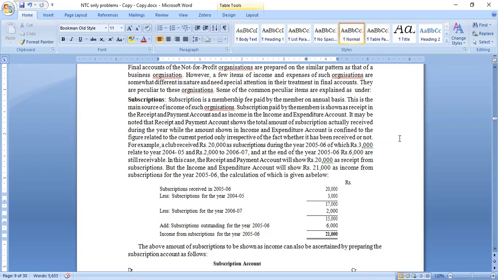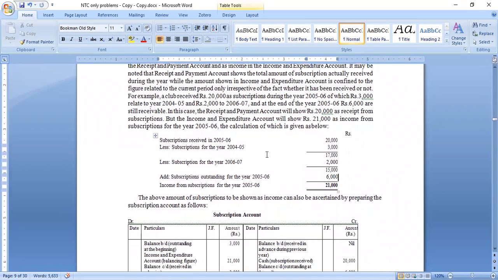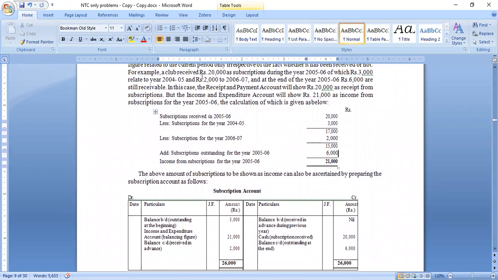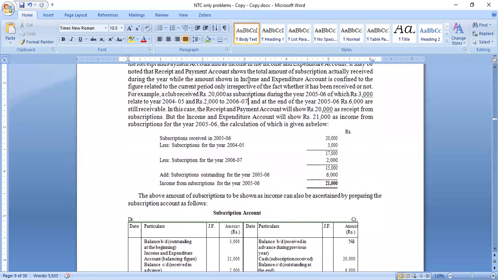For example, a club received 20,000 subscription during the year 2005-6. In that 20,000, 3,000 belongs to 2004-5, in the sense the previous year, and 2,000 belongs to the future year, in the sense it was received in advance.